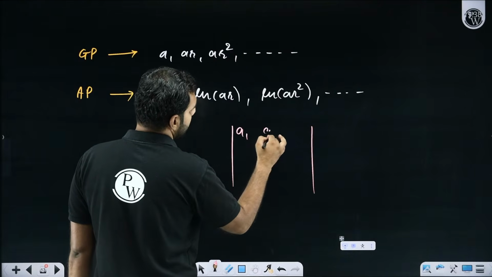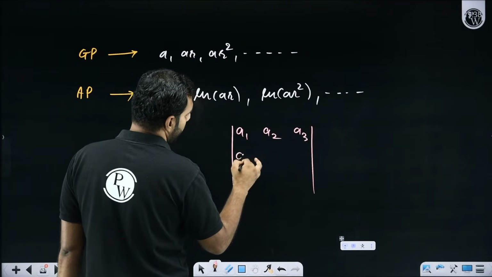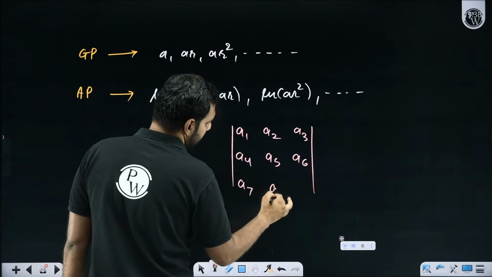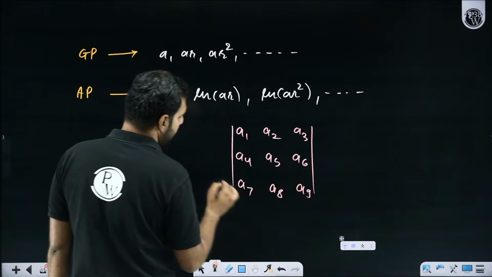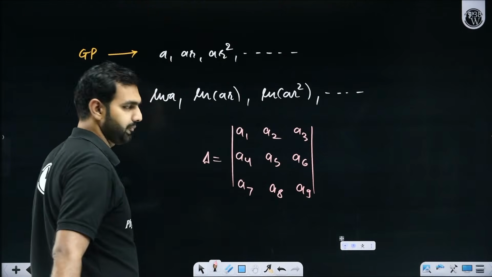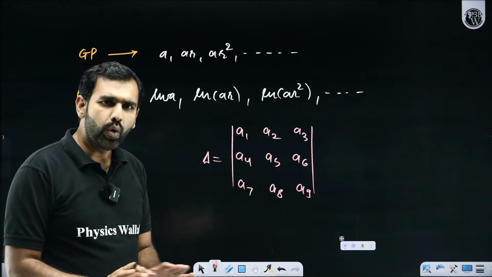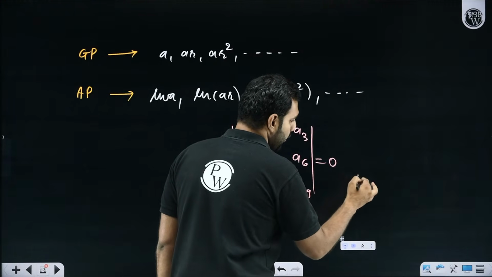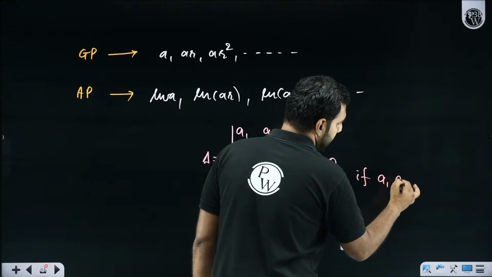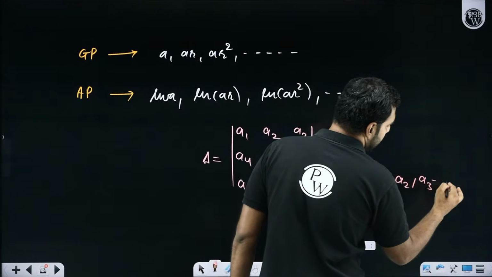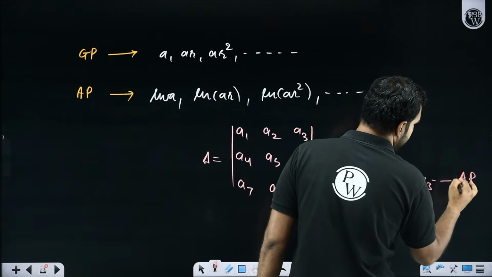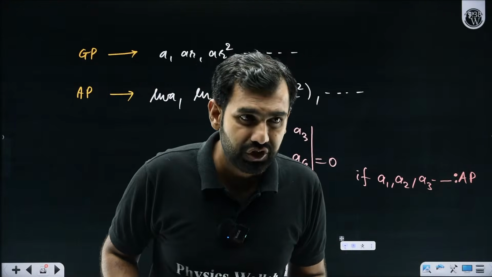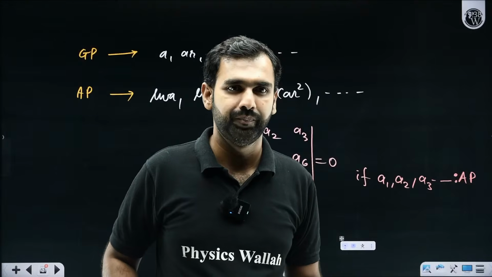Let's say A1, A2, A3, A4, A5, A6, A7, A8, and A9. This determinant's value I'm supposed to figure out. Without any hesitation, you can say that its value will be 0 if A1, A2, A3 until A9, they all are in an AP. If they all are forming an arithmetic progression, its determinant will be 0.